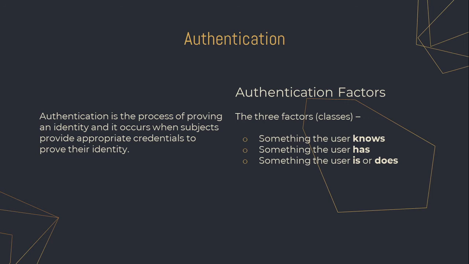And we have two types of authentication: single-factor authentication and multi-factor authentication. Single-factor authentication, also known as SFA, is the simplest form of authentication. A user, process, or device must present a single form of identification. Example, use of a password to log in.